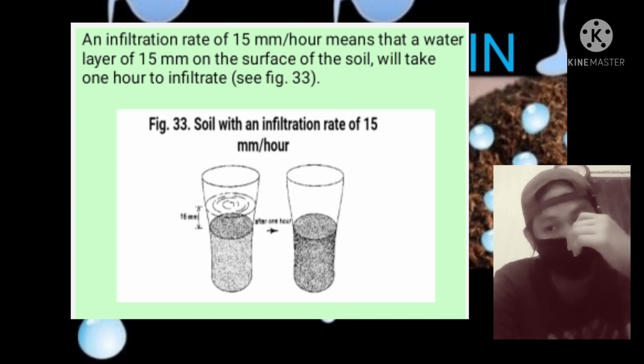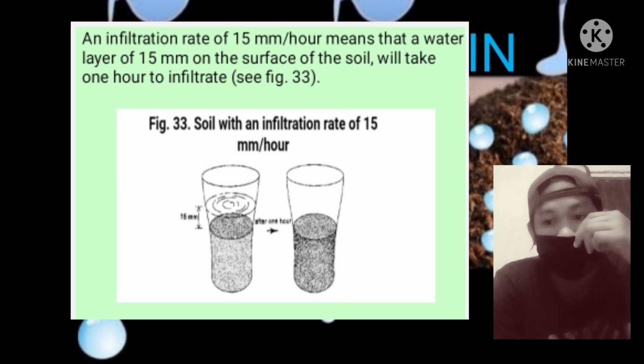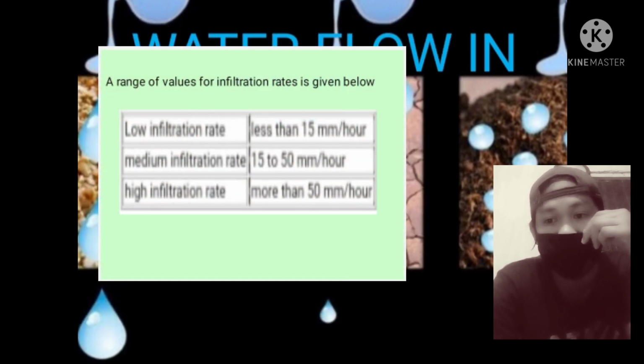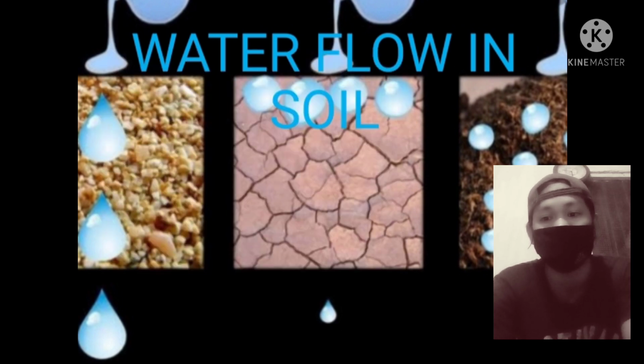Tignan mo yung soil and infiltration rate 15 minutes per hour. Look at figure 33 showing the table: low infiltration rate is less than 15 minutes per hour, medium infiltration rate is 15 to 50 minutes per hour. Look at the table of infiltration rate values below.